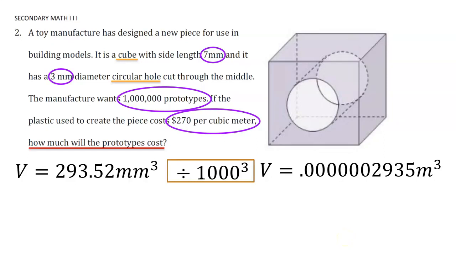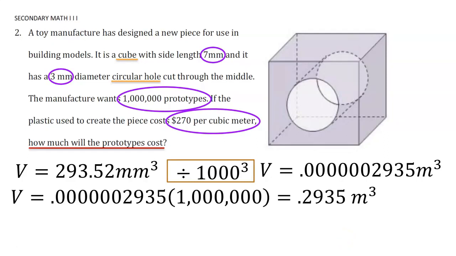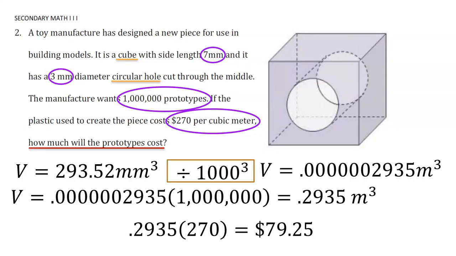By multiplying the volume of one toy piece by 1 million, we get this volume. Now that we know that we need a total of 0.2935 cubic meters of plastic, we can multiply that by the cost of a cubic meter of plastic to get the cost of the prototypes needed by the company.